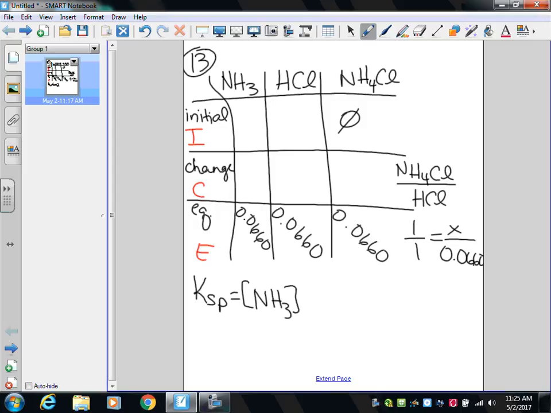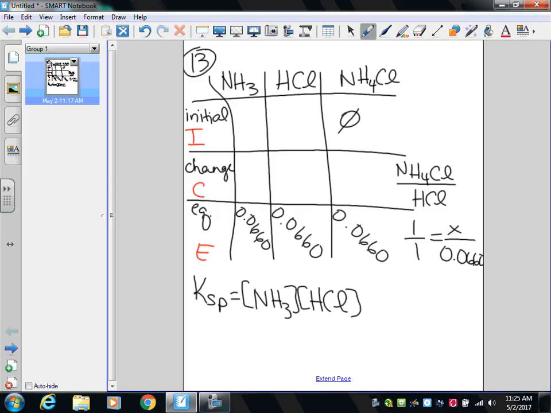NH3 and then HCl. And we don't put anything at the bottom, and why don't we put anything at the bottom? Solid. So technically we did extra work here to find that equilibrium value. We didn't need it, but I just wanted to show you in this other form so that you can see how to solve for it, okay? So this is what I'm doing.